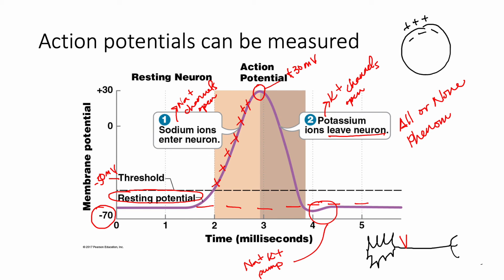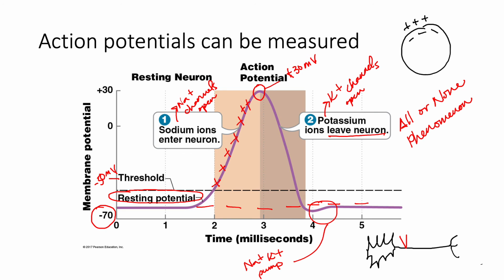Basically what this means is that if a cell gets to that threshold voltage change, you are going to get your maximum shift in voltage and you will then immediately fall back down. But if your voltage is below threshold, nothing will happen. So you're either going to fire or you are not, and you're going to fire to your maximum potential or you won't fire at all. That's something to keep in mind when we talk about action potentials.